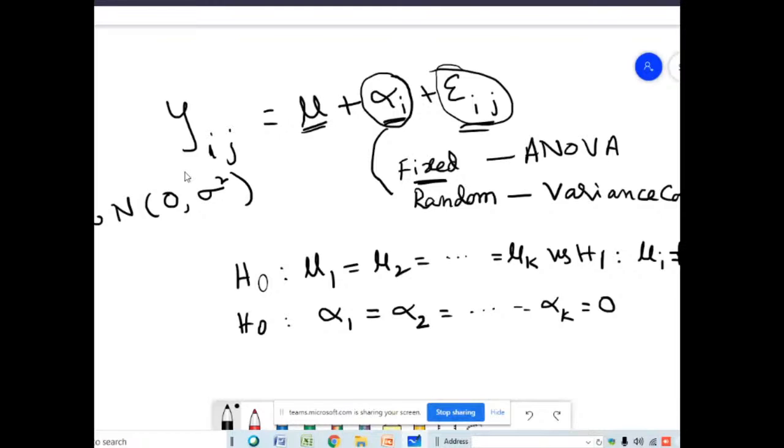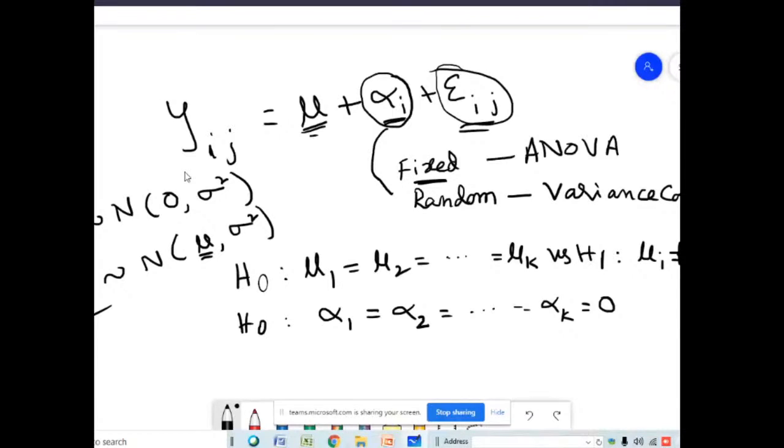Even if the Y_ij observations follow a normal distribution with mean mu and variance sigma square, the average of the observations of the population is mu. That's why I'm writing this one. And there is some effect due to the ith treatment, that's why it is called alpha i.